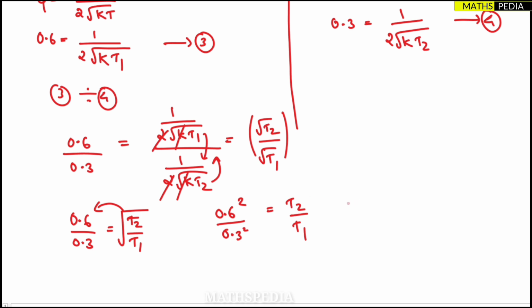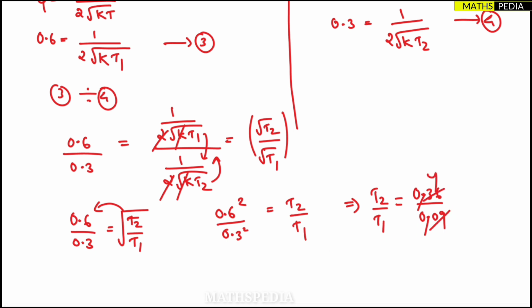When I simplify this, can I get t2 by t1? Yes, you can. 0.6 squared is 0.36, and 0.3 squared is 0.09. Then the point cancels. Now 36 by 9 is nothing but, 9 ones are 9, 9 fours are 36.